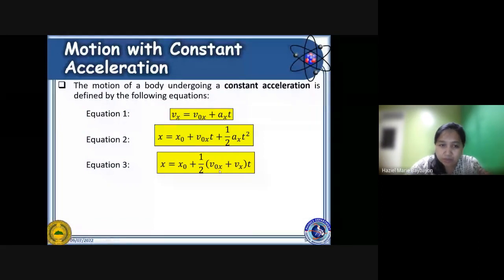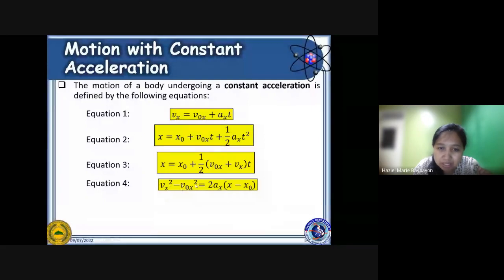And then we have the fourth one, the last one: v sub x squared minus v naught x squared equals 2 a sub x multiplied by x minus x naught. Again, these are the four kinematics equations, and we can use these to describe motion with constant acceleration. Pero kung ang imong acceleration mag-vary, dili siya constant, dili ni nato pwede magamit ang mga equations class. Okay?